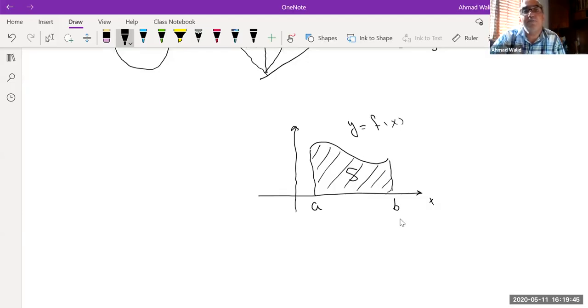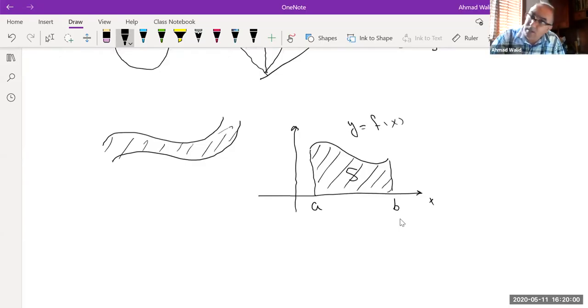For example, you are designing a road like this. Your boss asks you to find this area bounded by these two curves. Calculus gives you the power to calculate this.